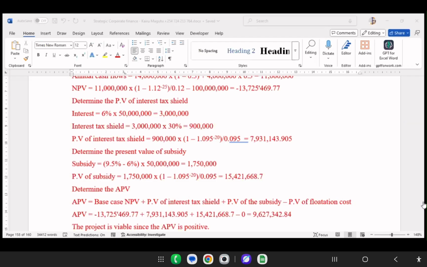When you look at the methods of determining the cost of equity, we have the capital asset pricing model, we have the Gordon's model, we have the interest adjusted rate, the cost of debt adjusted rate. We adjust the cost of debt. So the cost of debt is assumed to be the risk-free.